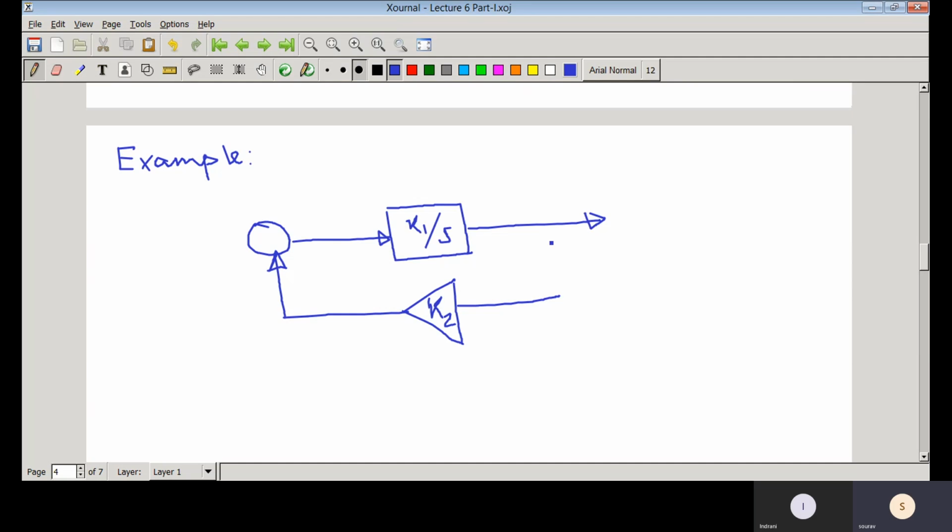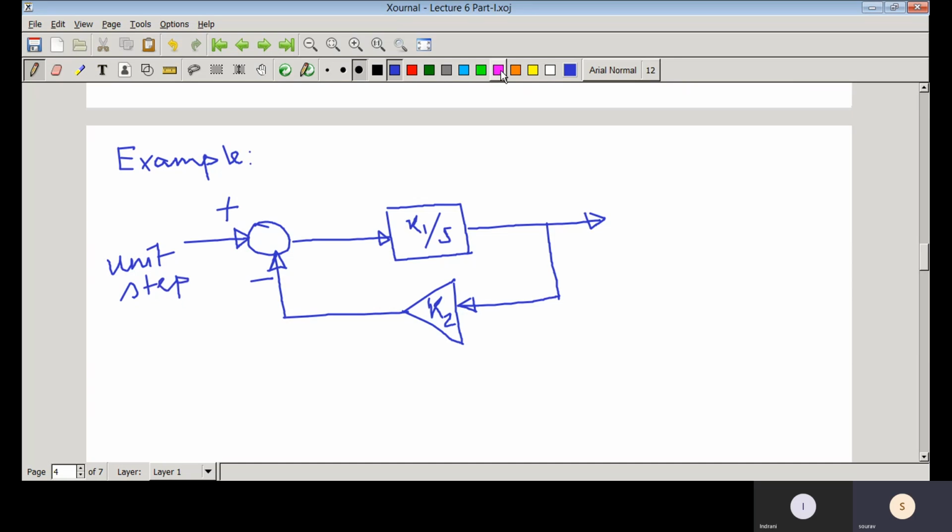Those blocks are available in Simulink. I would ask you to simulate it and see the response. Suppose you have used negative feedback and you have applied a unit step.